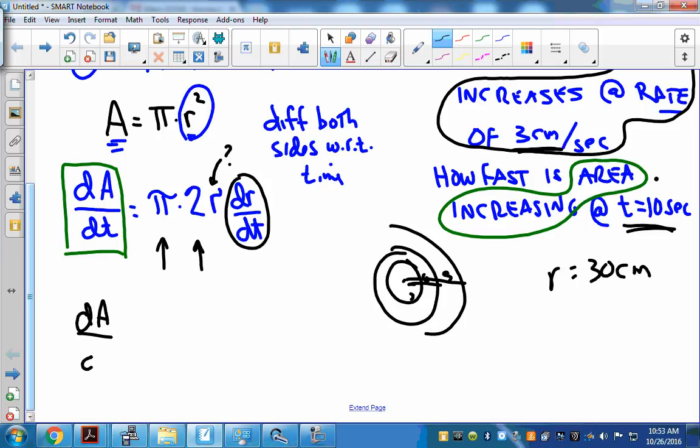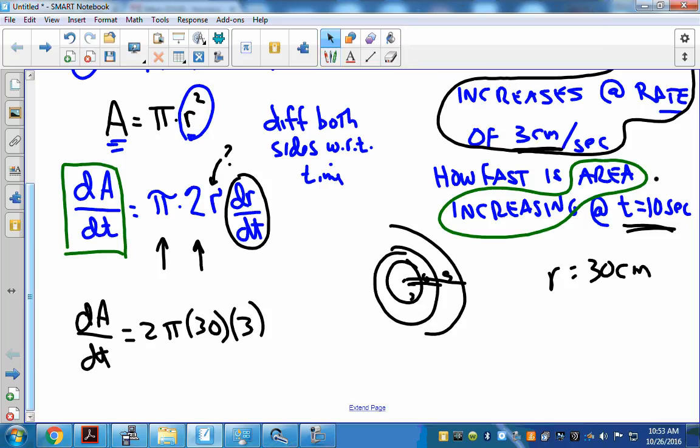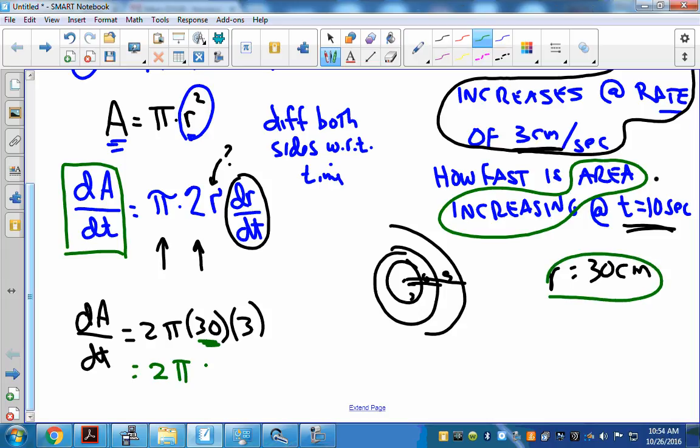Okay, so we plug all these numbers in, and we get the rate of change in area with respect to time is 2 times pi times 30 times 3. If we put the units in, it sort of confirms that we have the right idea. 2 and pi are unitless. The 30 came from here. That was the radius, 30 centimeters.